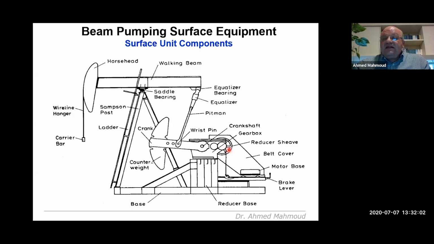This very small power will be magnified once here in the crankshaft, and then I magnify it again in the second lever system, with the use of the walking beam, and then I finally get a double magnified force, a double magnified power, and a double ability to lift more force from the downhole.